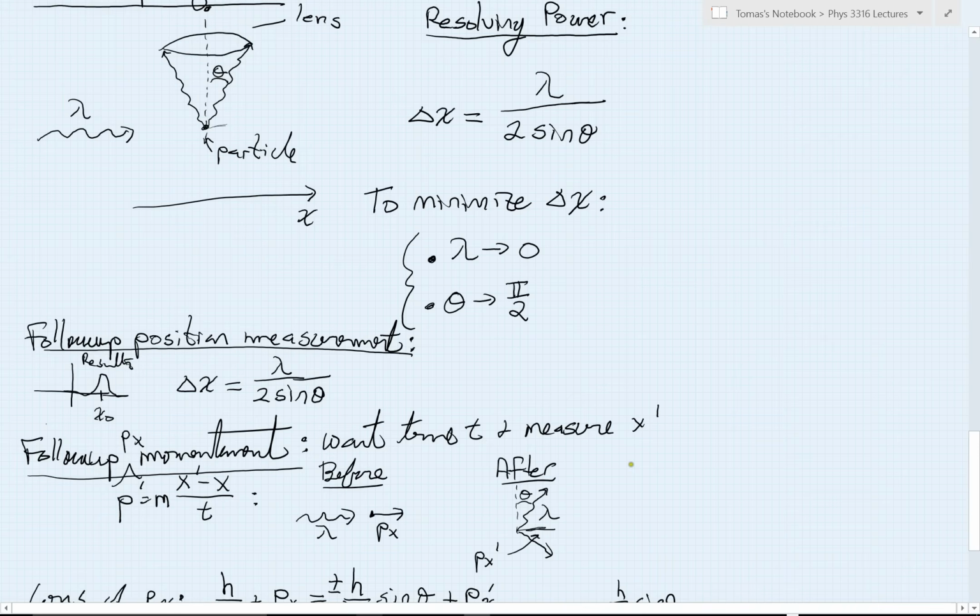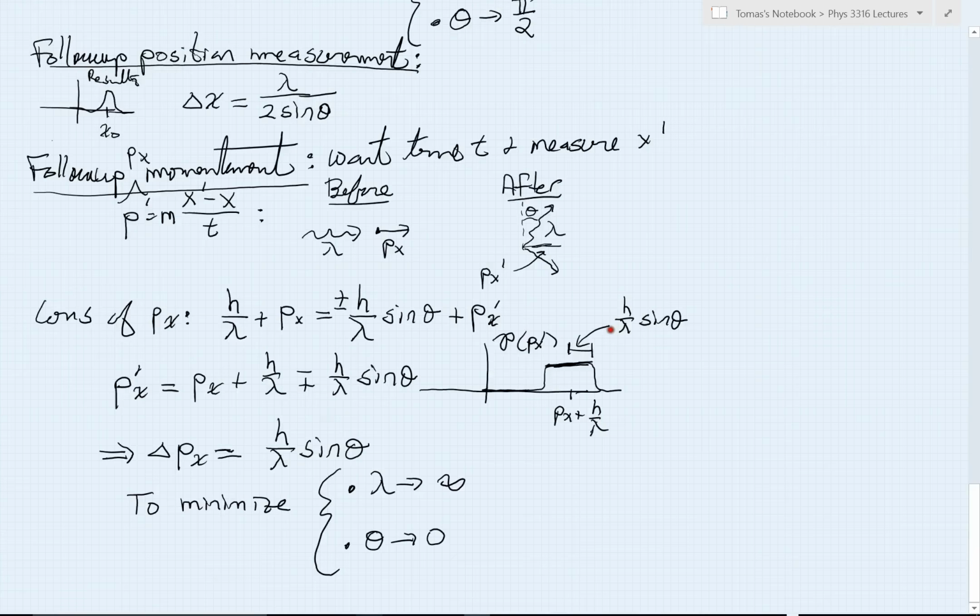But of course, these are both exactly the opposite of what we wanted for a good position measurement. So there's always this tension, where the uncertainty reflected in these follow-up measurements and the distributions we see show the initial measurement wasn't as precise as we would have liked it to be, and to optimize either the position or the momentum, the knobs we turn are in complete tension with each other.